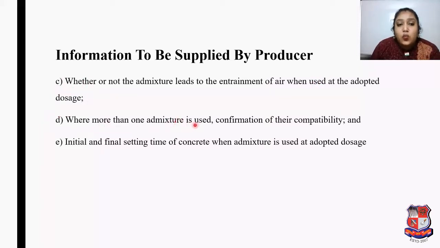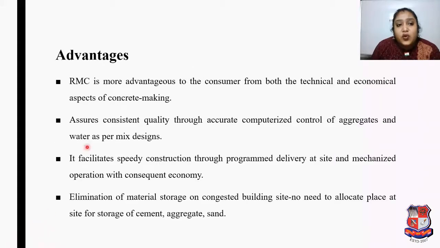Where more than one admixture is used, confirmation of their compatibility and initial and final setting time of concrete when admixture is used at adopted dosage. So such information is basically required to be supplied by the producer.